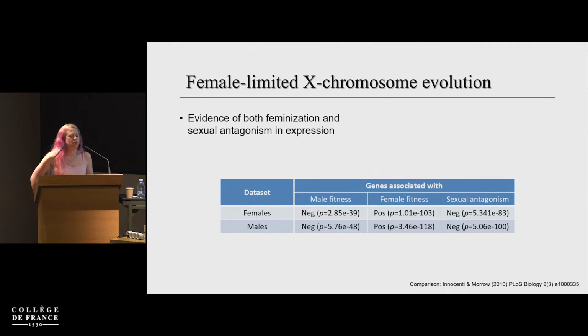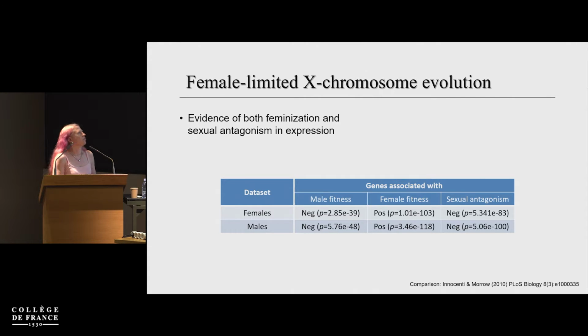So the good news is that we did find some results that were consistent with our predictions, that we should see some sort of feminization. So we did see evidence of feminization and sexual antagonism in expression. This is comparing to a previous data set where we could see that things that were associated with male fitness and female fitness changed in the direction that you would expect.